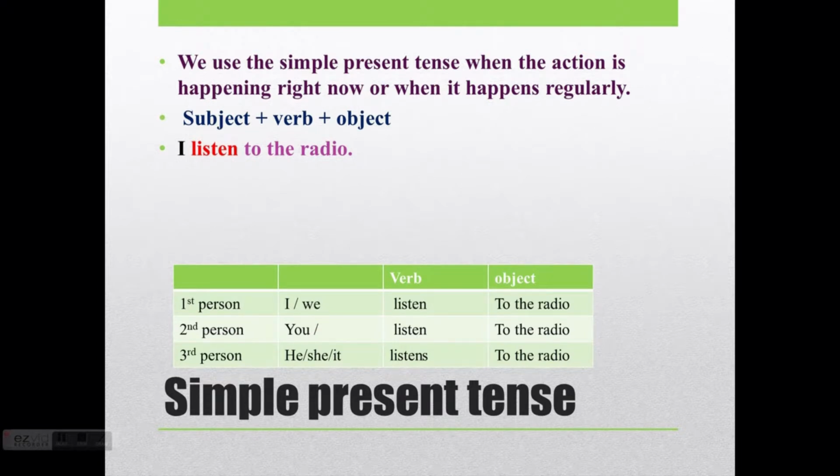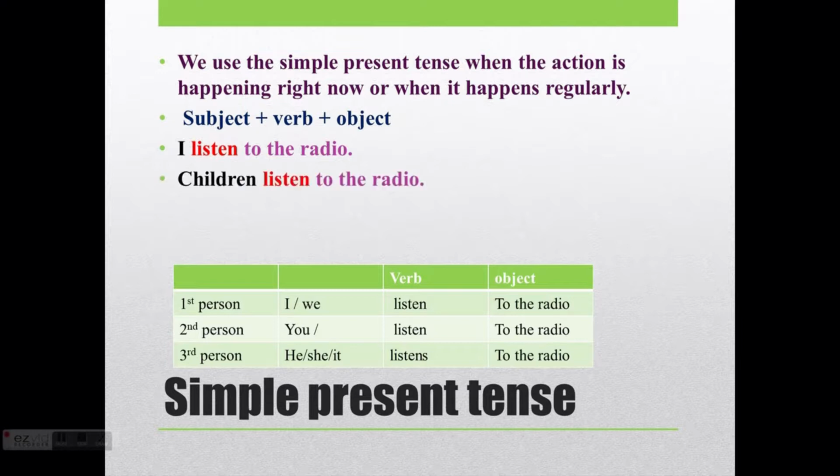For first person I, we should use the verb listen, and for the second person you, we should use the verb listen, and for third person he, she, it, we should use listens, because for singular subjects we should add s to the verb, whereas for plural subjects we should write the verb in its usual form.